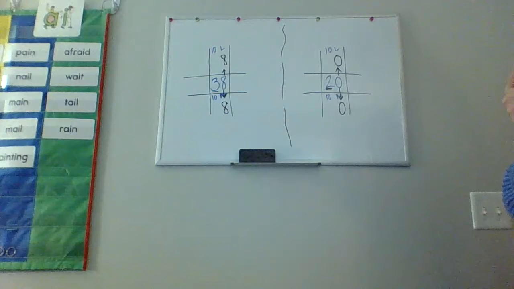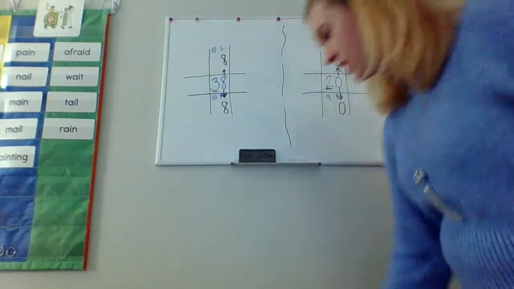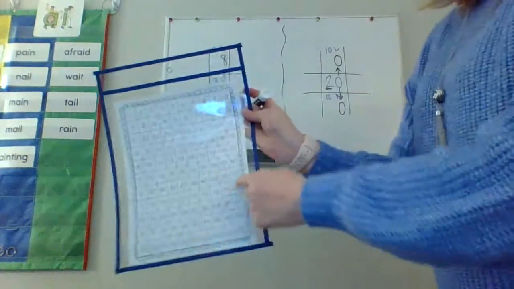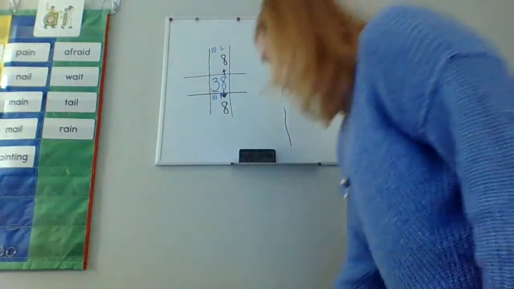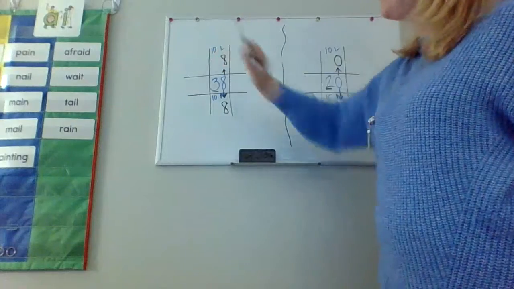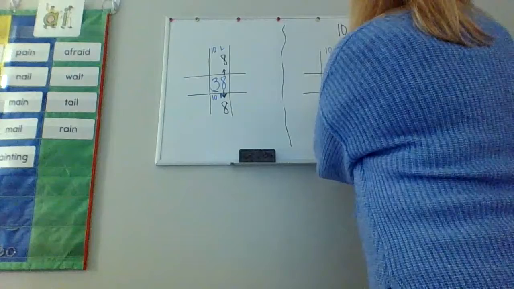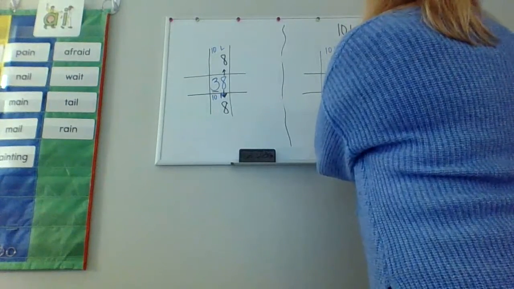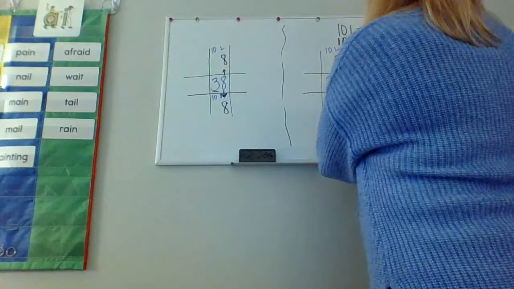Question. I don't know which box is more and which box is less. Less is above, more is below. Just like on a hundreds chart. Going up is going to be less. Going down is going to be more. So that's why I put 10L, so 10L equals 10 less. 10M equals 10 more.